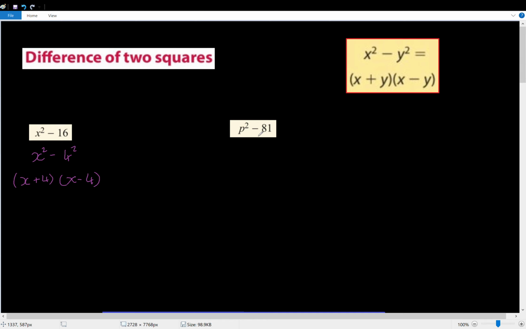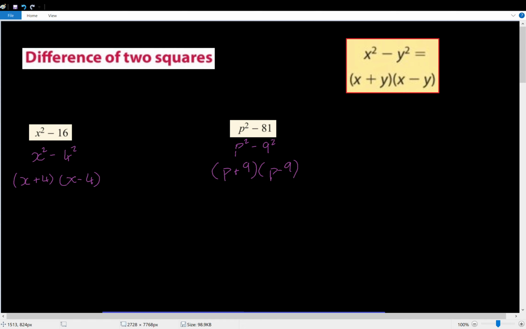Let's just see that again so we can see what's going on. This time we've got p squared minus 81. Well, p squared is a square, that's all good. And 81 is actually 9 squared. So we have p squared minus 9 squared. So if we follow our rule here, it's going to be p plus 9 multiplied by p minus 9.